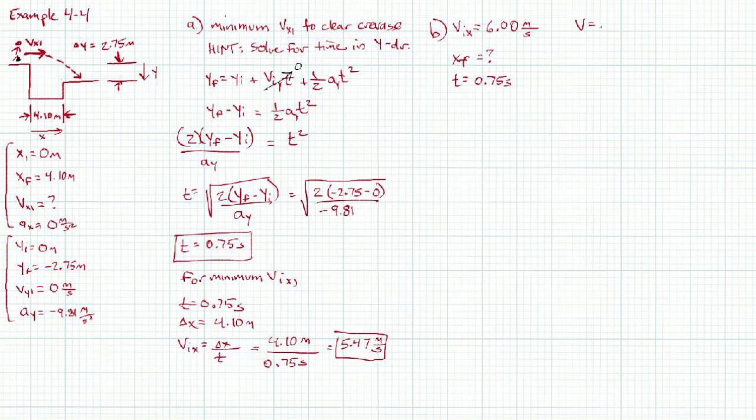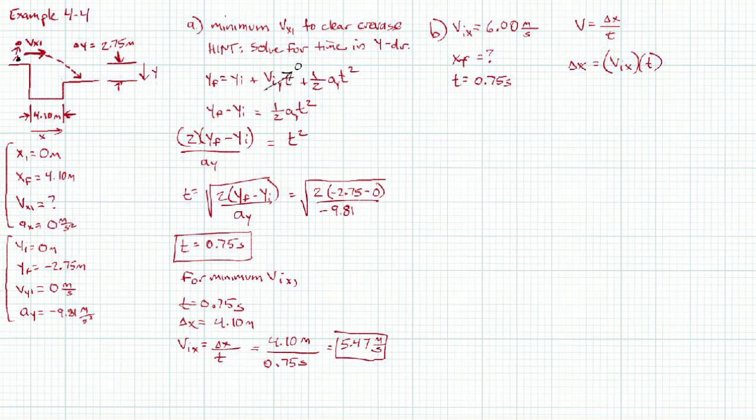If velocity equals displacement over time, we can solve for displacement: the displacement is going to be velocity times time. Here I wrote delta x, and I said we're solving for x final, but really it's the same thing because our initial x is 0 anyway.